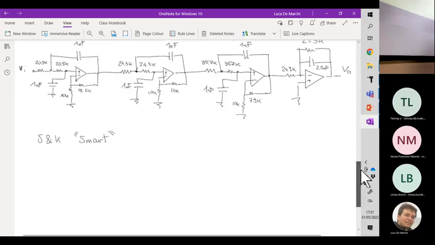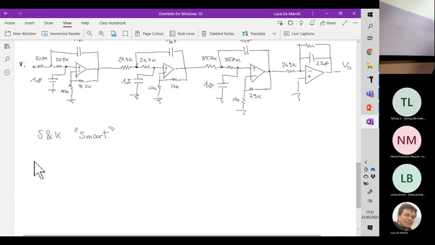The SMART strategy is based on the assumption that K is taken equal to 1 for all the stages, and the resistor R is also constant. So what we are going to change is just the ratio between C2 and C4.